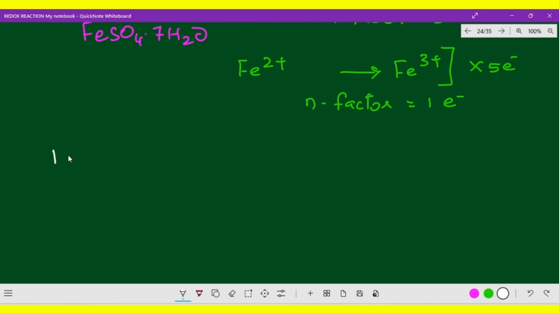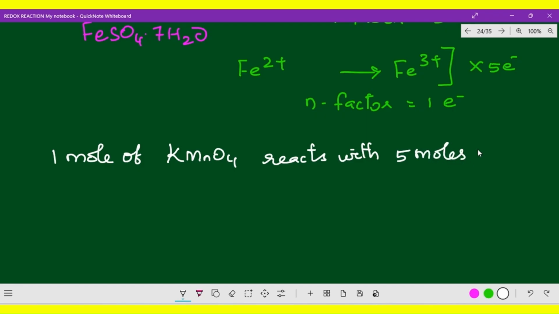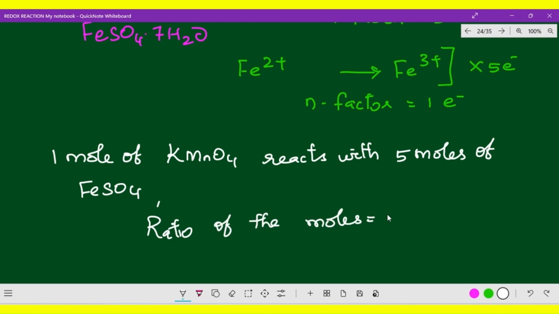So 1 mole of KMnO4 reacts with 5 moles of FeSO4, right? So the molar ratio of the moles is 1:5.